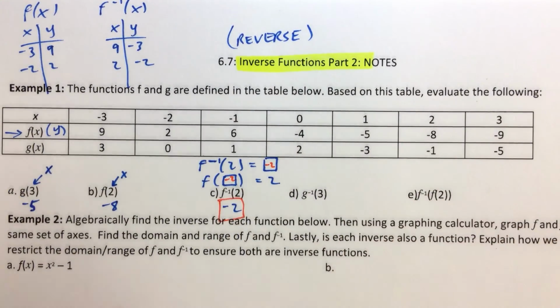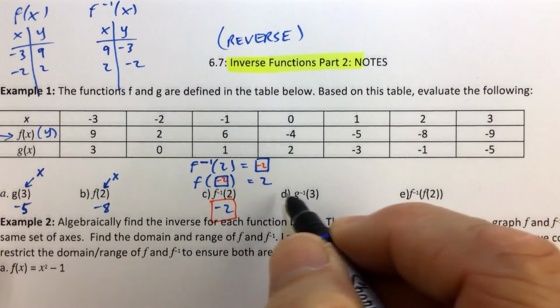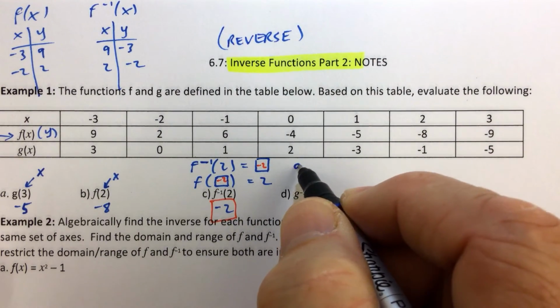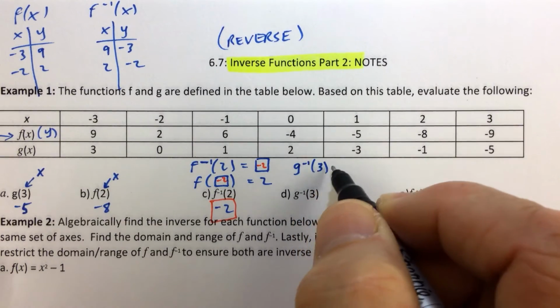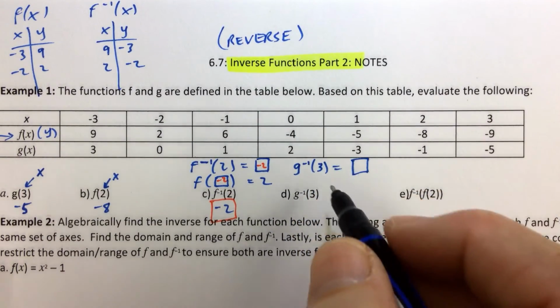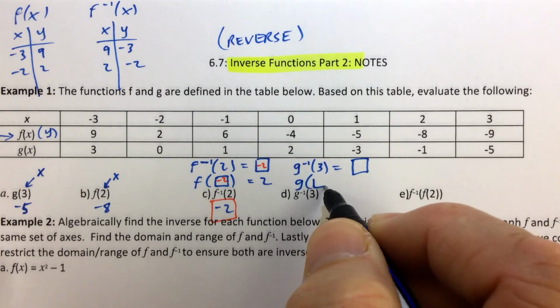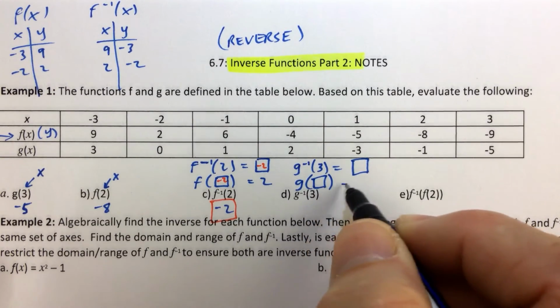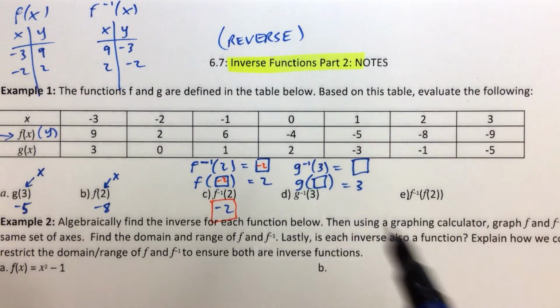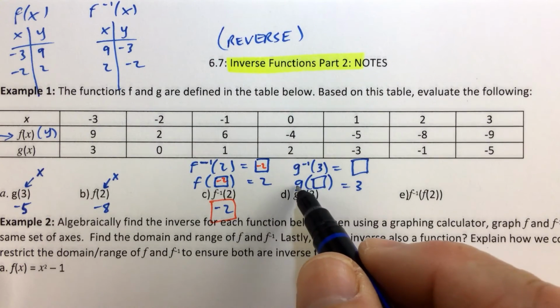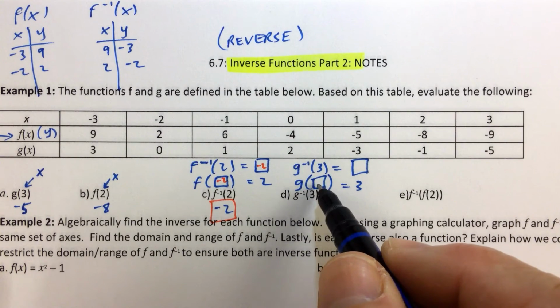I know I said a lot there, but we'll do another one here for D. You want to think about g inverse of 3 is equal to some number. So the main idea here is g of some number has to be equal to 3. So the y coordinate on g is 3. What's the x coordinate on g?